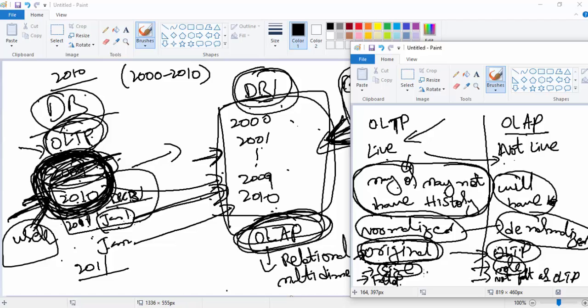Since the OLTP size is small and has fewer records, any query you run will be faster in OLTP. But in OLAP, it will not be as fast as OLTP because OLAP has more records. It has the history, and also a larger number of records compared to OLTP.